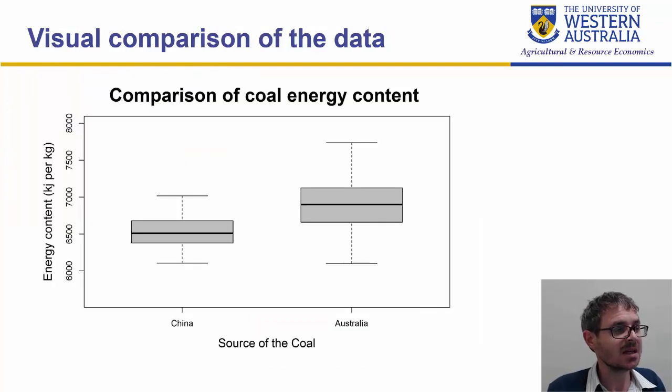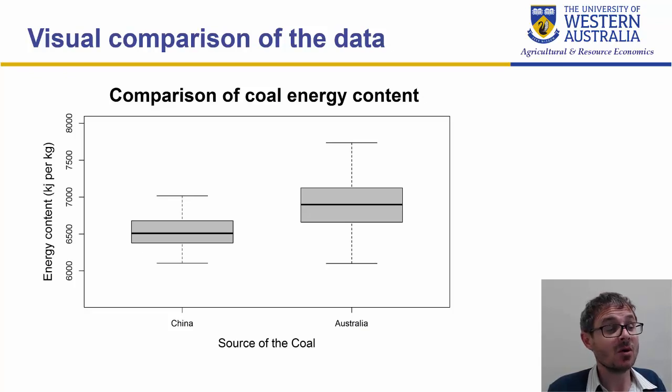So we wanted to test that. We start off with 2 samples, an Australia sample and a China sample, looking at the energy density per kilogram of coal. We can see that the Australian sample looks both a little bit more spread out and a little bit higher. So it does actually look a little bit more energy dense than the China coal for this example that I've set up.